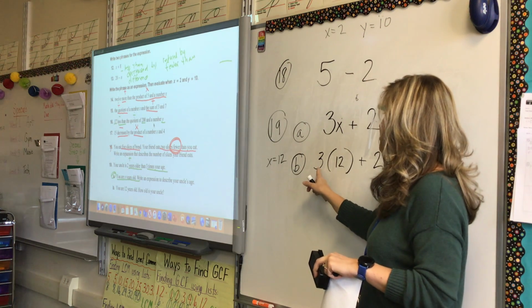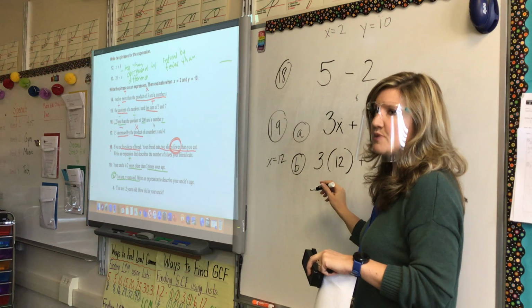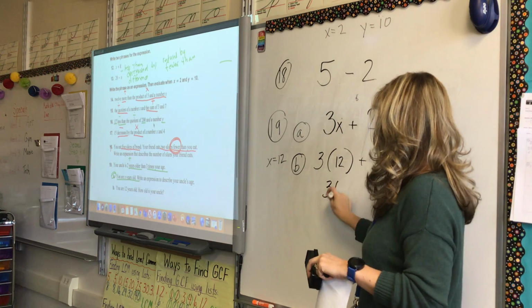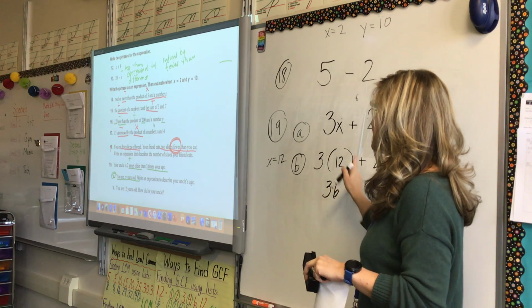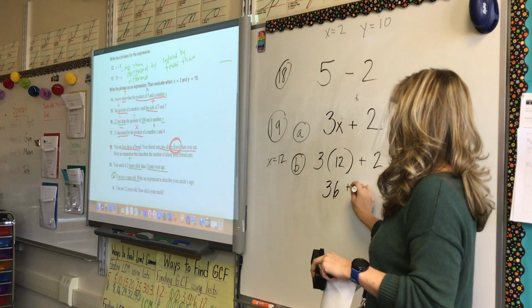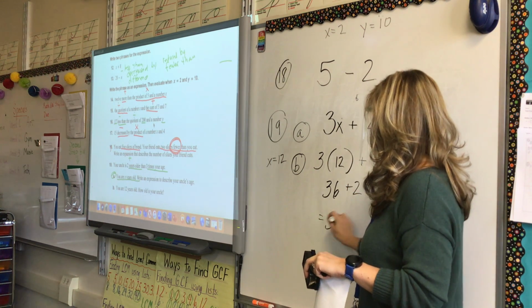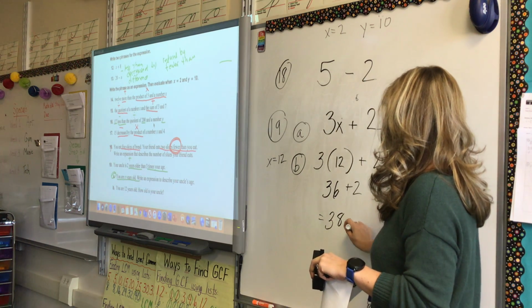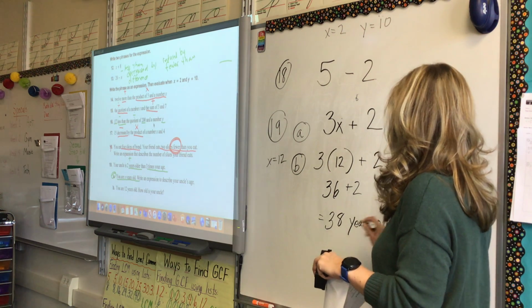Multiplication. 3 times 12 is 36. Plus 2 is 38. What's our label? He is 38 years old. We made it just in time.